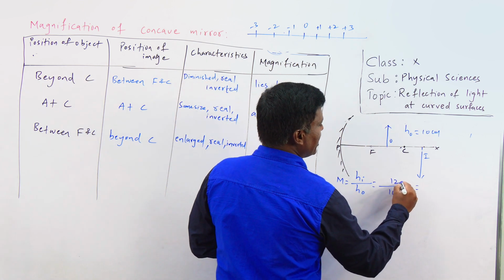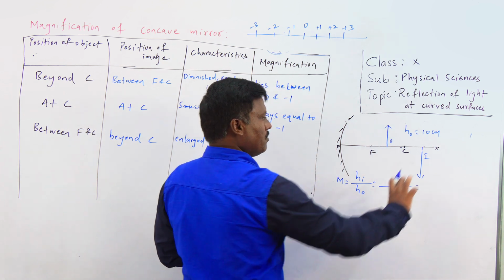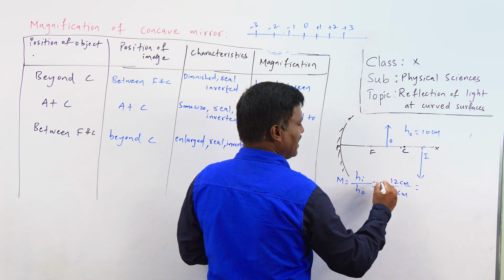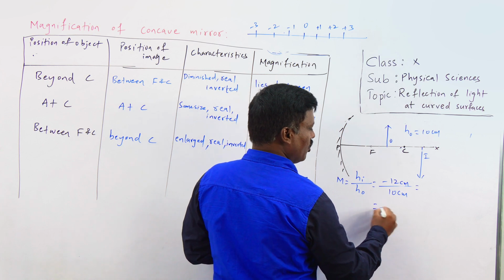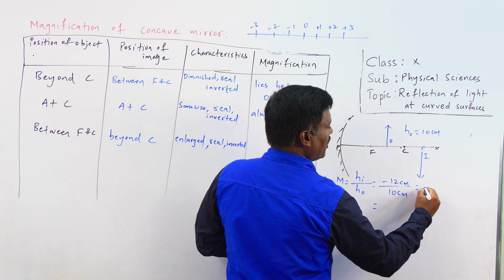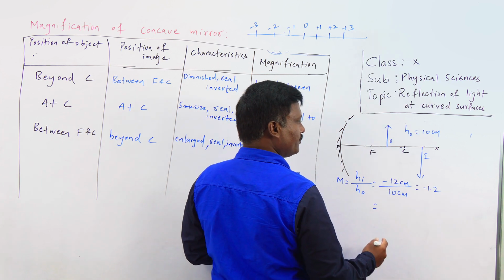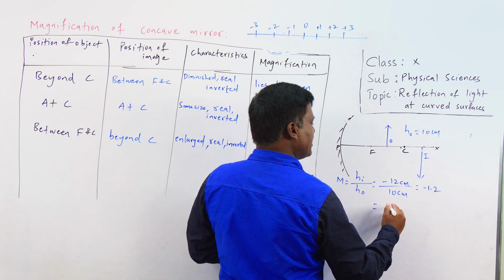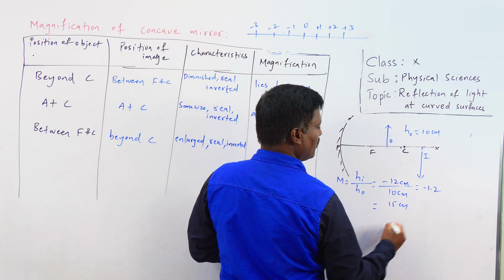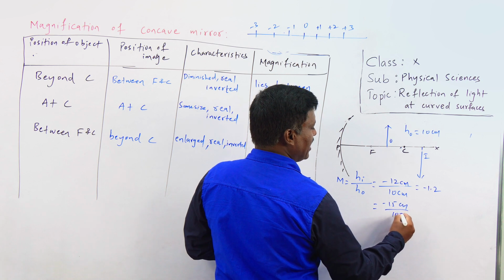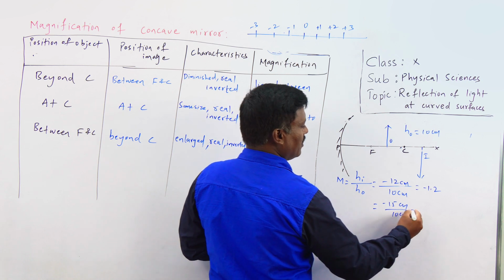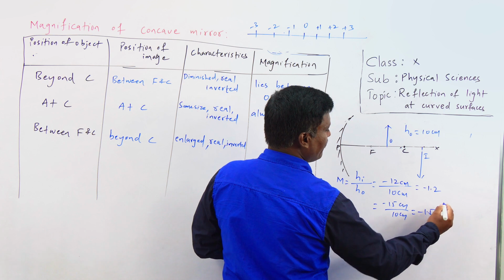If I take 12 centimeters, but image is formed below the principal axis, sign to be taken negative. So 12 by 10, minus 1.2. If I take the height of the image as 15 centimeters, height of the object is 10 centimeters, then answer will be minus 1.5.